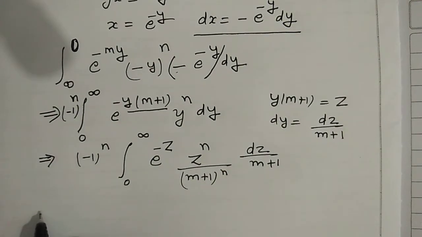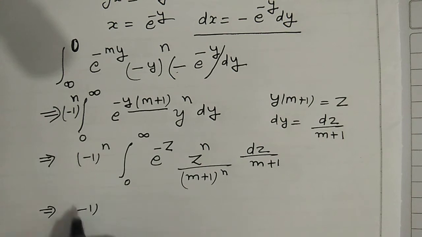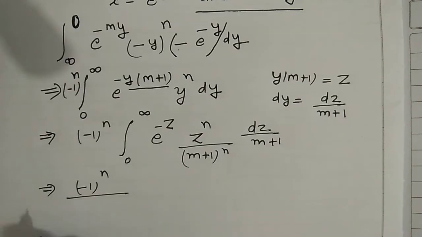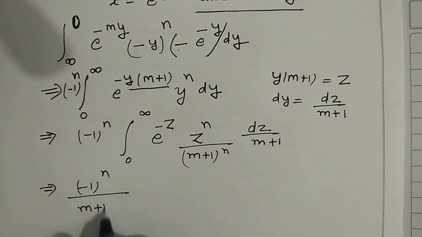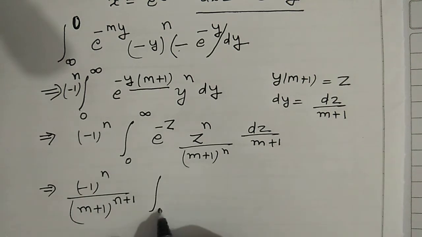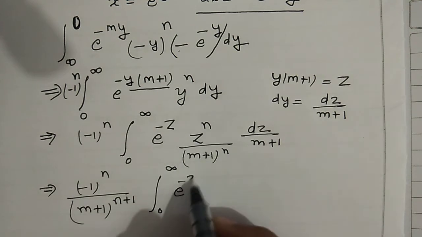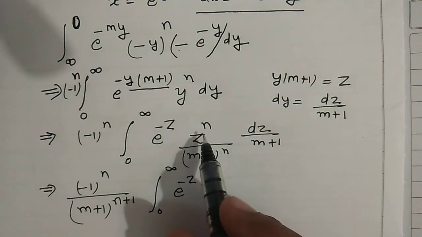If you simplify, we get minus 1 power n divided by (m plus 1) power n plus 1, and 0 to infinity e power minus z, z power n dz.